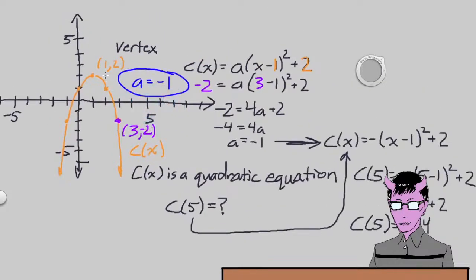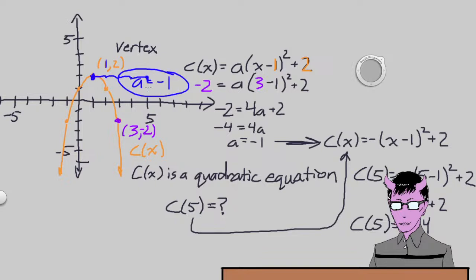Okay, so here's how we can do it. Make note that our vertex is at (1, 2). In order to get to an x value of 5, you need to move over how many spaces from this x coordinate? You need to move 4 spaces, so 1, 2, 3, and then 4.